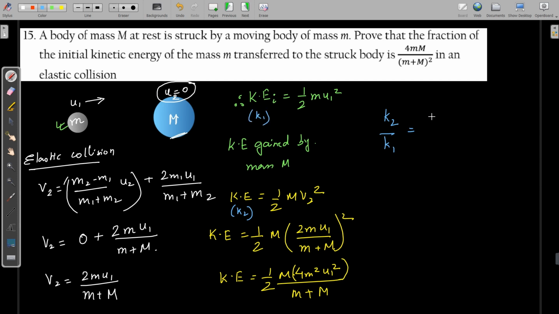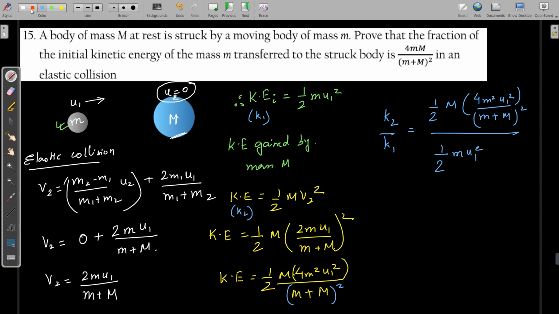K2 by K1. If I go for this ratio, I will get half capital M, 4 small m square u1 square by (small m plus capital M) whole square, divided by small m u1 square. Okay.